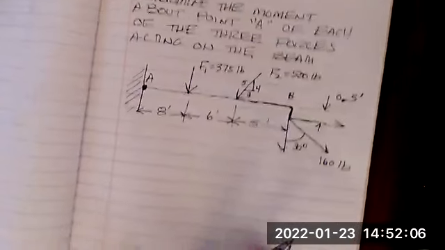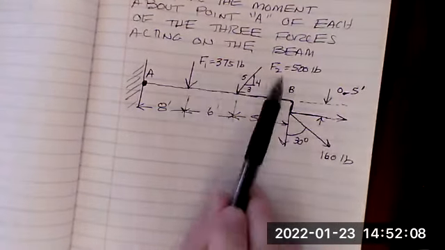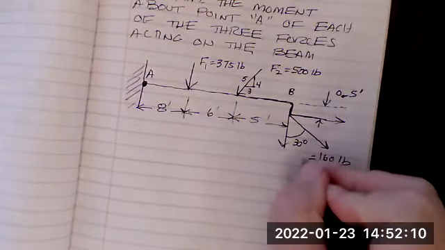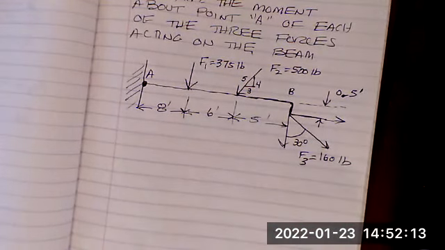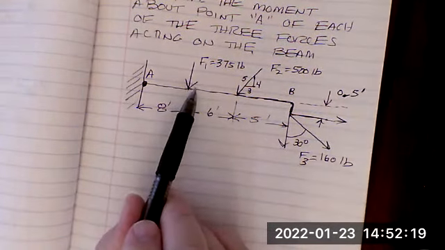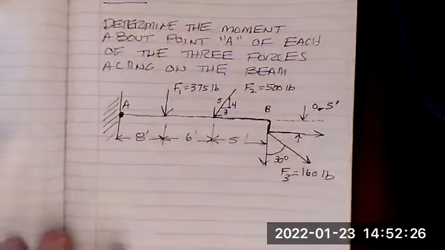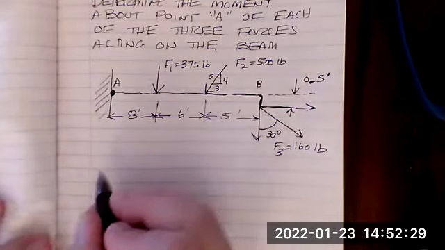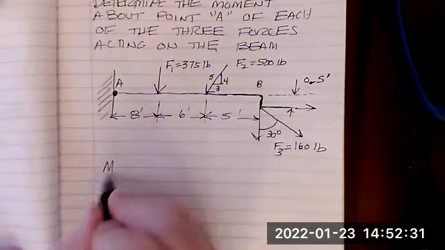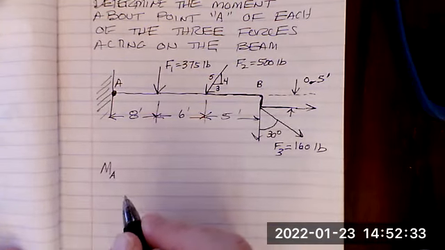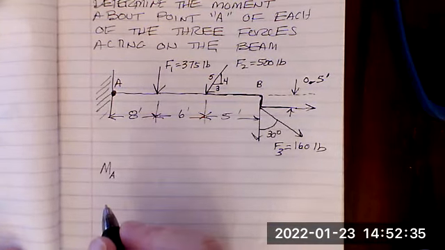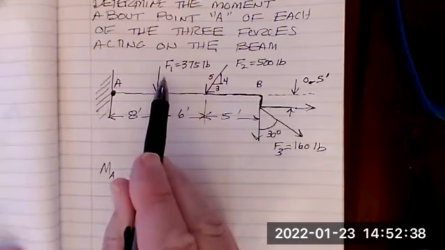How many forces are being applied to this beam? We have 1, 2, and 3. This is F3 here. So let's take each force at a time. Let's just take F1 first. What is the moment about point A with force F1?